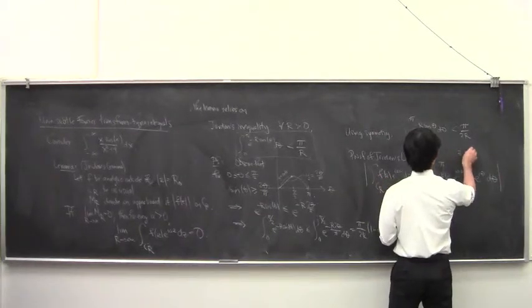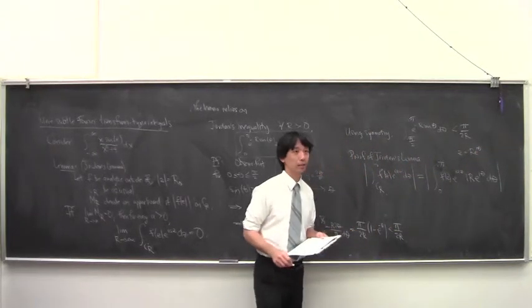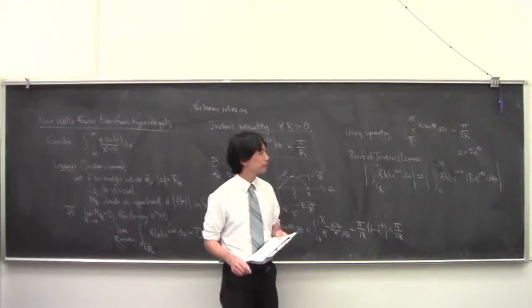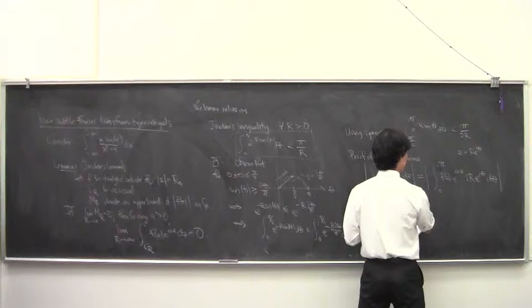That should be, z is r e to the i theta, dz is going to be i r e to the i theta d theta. Right.